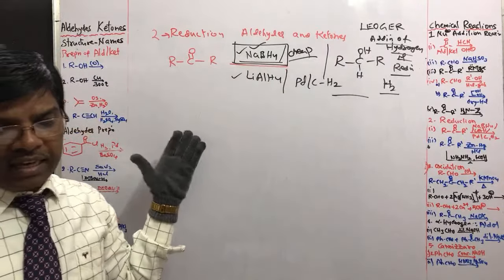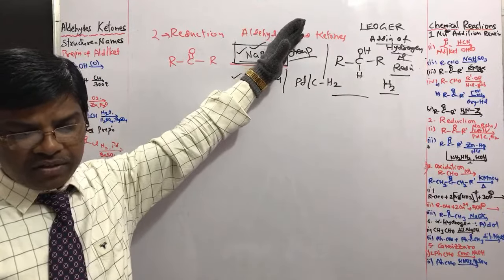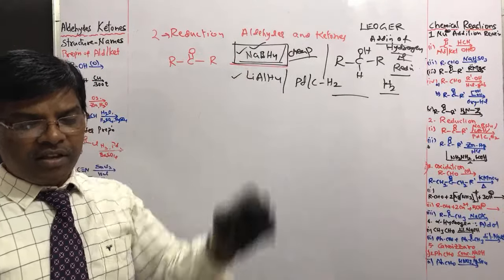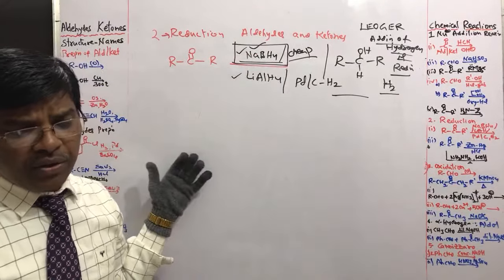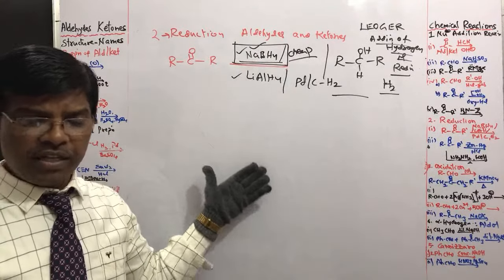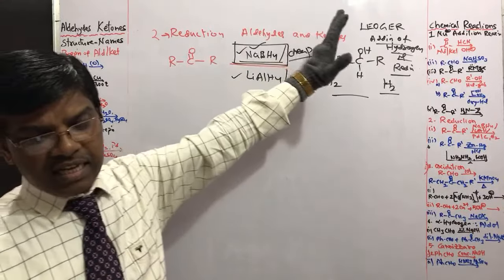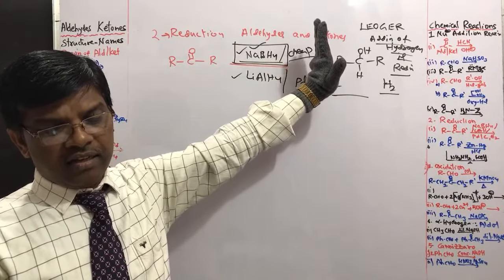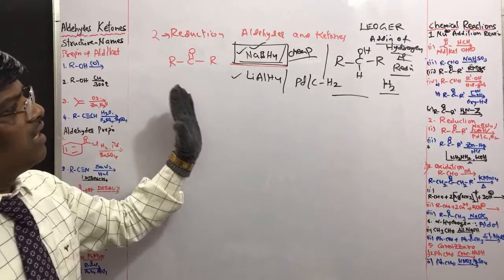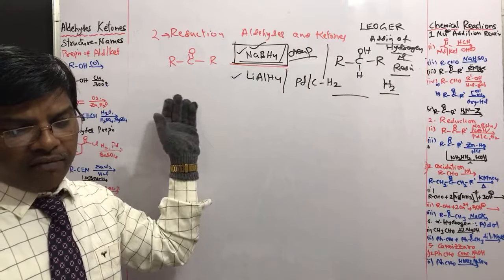If you want more about oxidation and reductions, there are a number of videos in Venus Academy itself. For example, during the MPV reduction I have explained a lot of reducing agents. Please go through that. So I am sticking to JEE and NEET Mains. At this stage, it is enough to learn the difference or selectivity of these reagents.